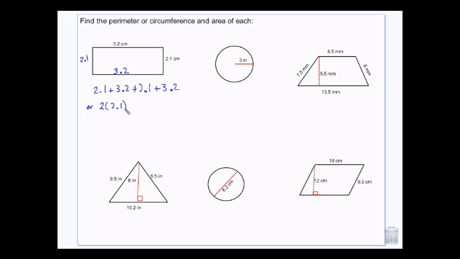Or I can do 2 times the 2.1s because there's 2 of them, plus 2 times the 3.2 because there's 2 of those. Okay. Now perimeter is just length, so it's just units, no squares.